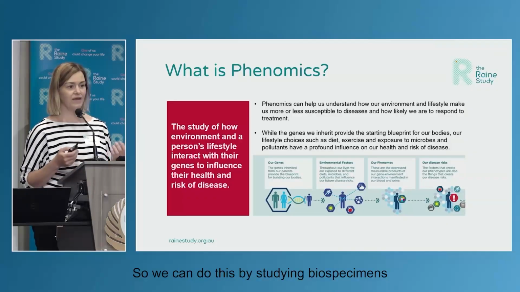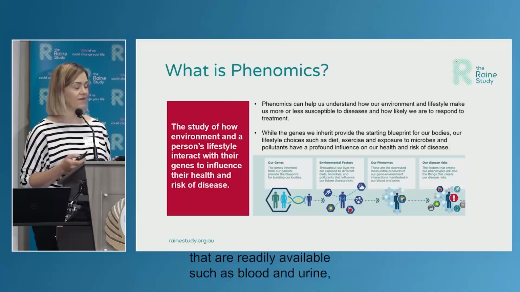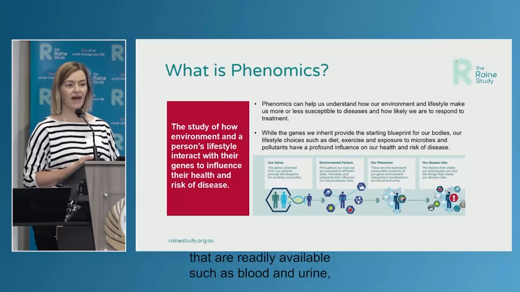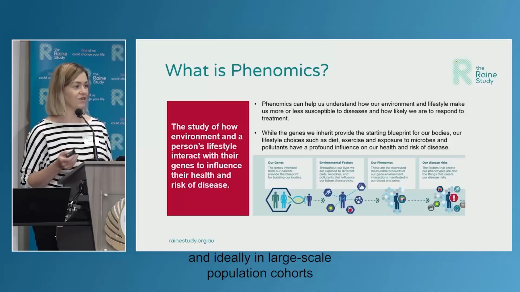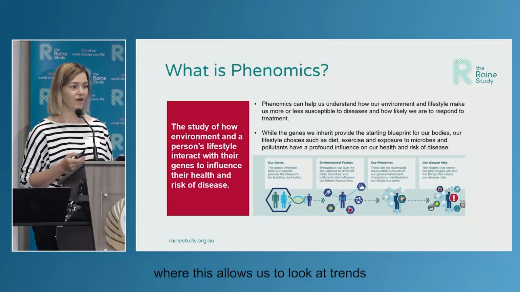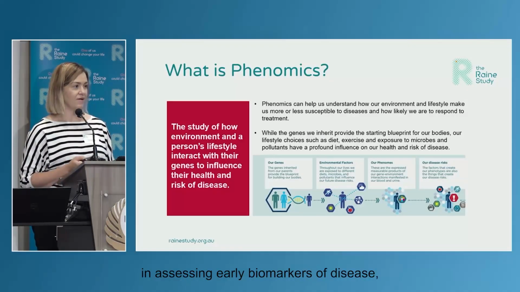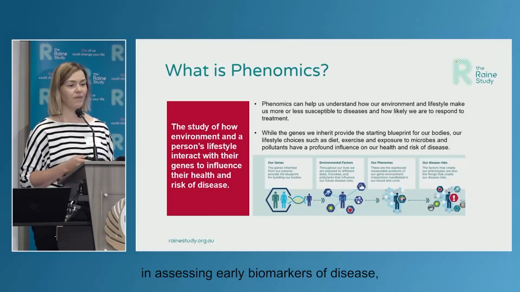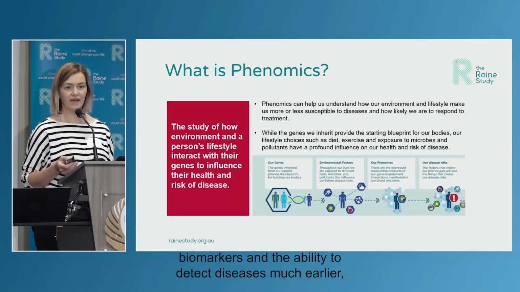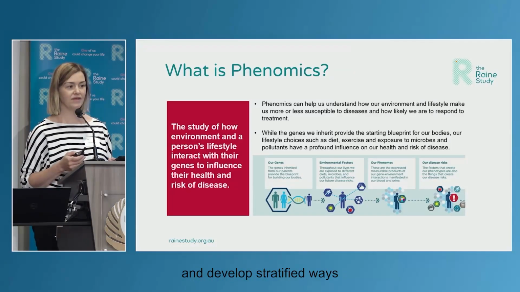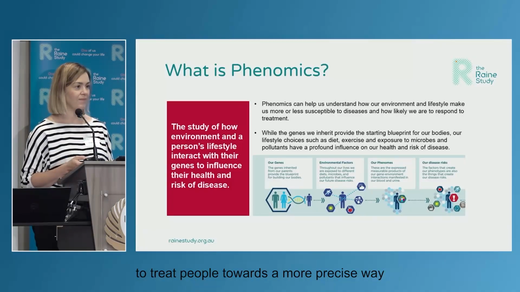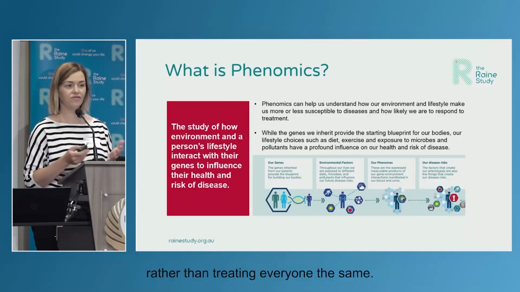So we can do this by studying biospecimens that are readily available, such as blood and urine, and ideally in large-scale population cohorts, where this allows us to look at trends in assessing early biomarkers of disease, the ability to detect diseases much earlier, and the ability then to try and develop stratified ways to treat people towards a more precise way of looking at individuals rather than treating everyone the same.